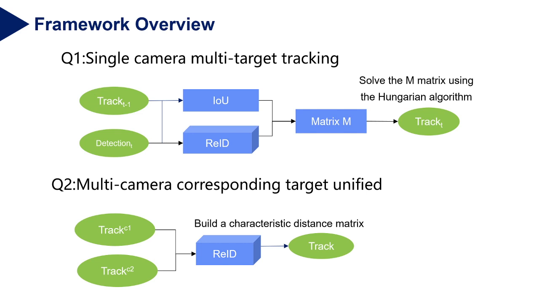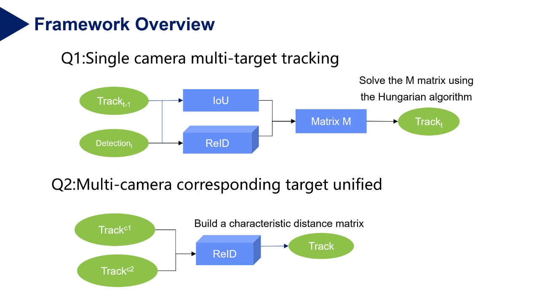The IOU matrix and the characteristic distance matrix are established according to the track T-1 calculated at the previous moment and the detection T monitored at the current moment.